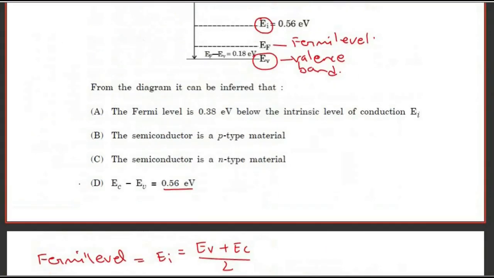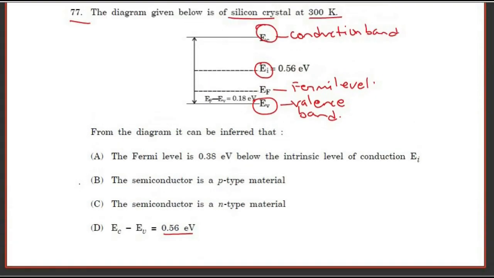Let us take the question. From the question, now you can understand the Fermi level is 0.38 below the intrinsic level, that is, option A is correct. The semiconductor is P-type material, option B is also correct. Here the question is wrong because option A and option B both are correct.